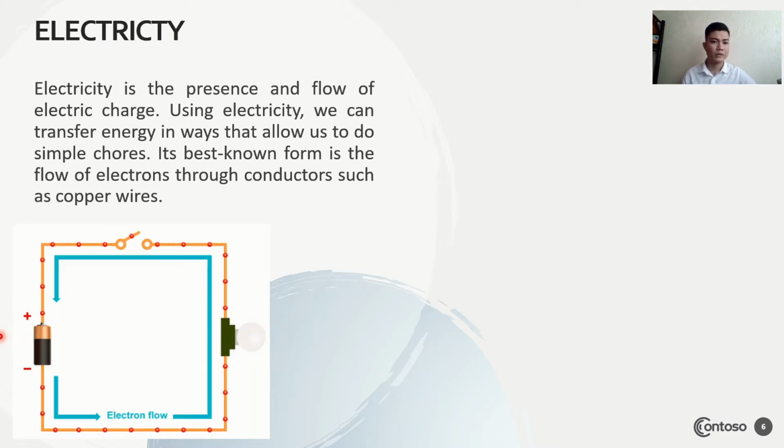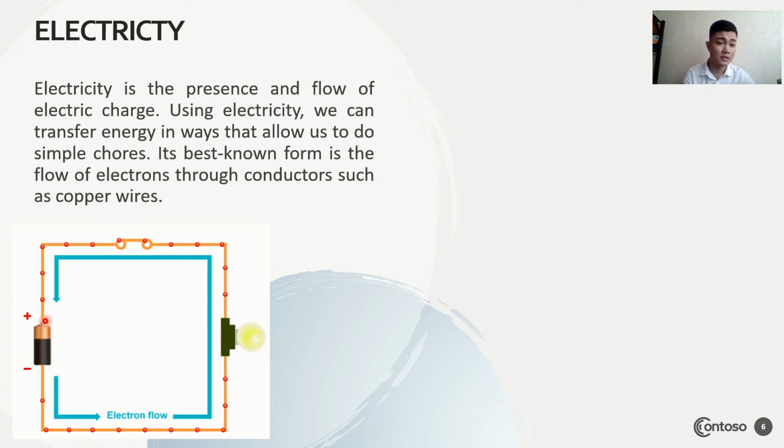Okay, so we have here a diagram. As you have noticed, we have here a battery. From the negative terminal, the electrons will flow through the wire, and whenever we have a light bulb, it transfers the electrical energy to light energy. Some of the energy from the electrons will be converted to light energy, and the rest will just return to the battery. So that's how electricity works.